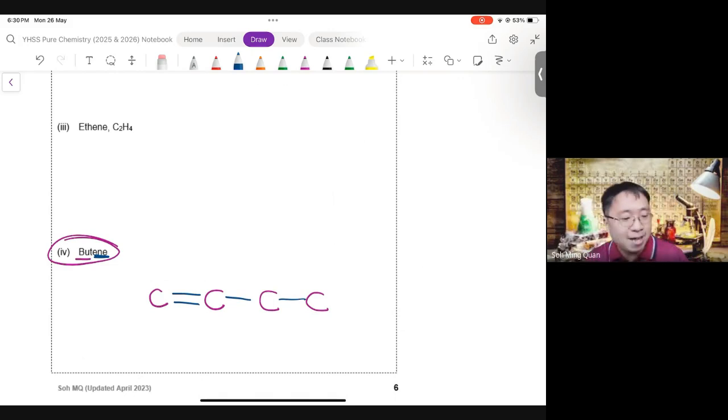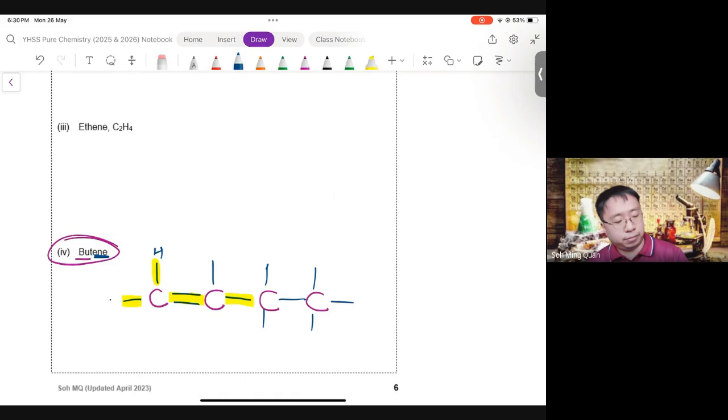Okay? Lastly, every carbon atom must form 4 bonds. Please count. The double bond is already 2 bonds, so you can only have 2 more. Next, the next carbon atom, there's a double bond, there's a single bond, 3 bonds already. So you are only allowed 1 more bond to make 4, right? 3 plus 1 equals 4.